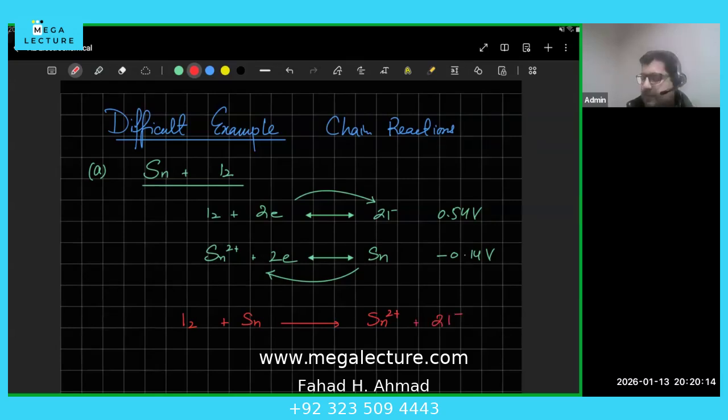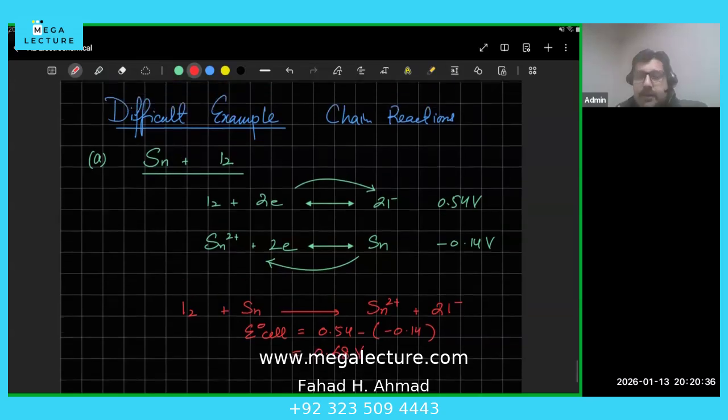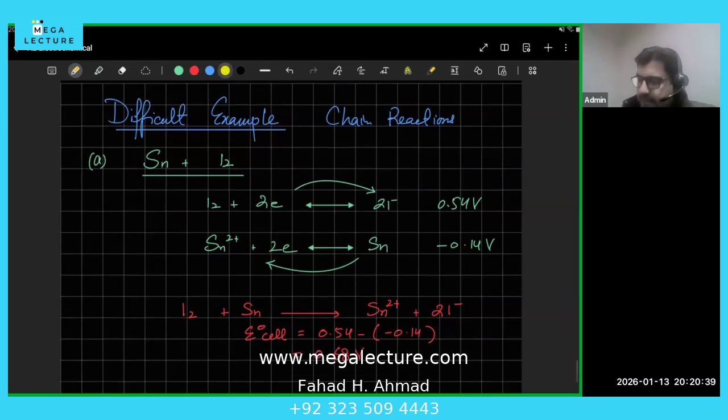Okay, and if you want to calculate the E naught cell, कर लेते हैं. E naught cell is 0.54 minus reduction potential minus oxidation potential. So that will be 0.68 volts. Okay, so that is fine as well. So that's this over here is step 1. Okay, that's my step one.